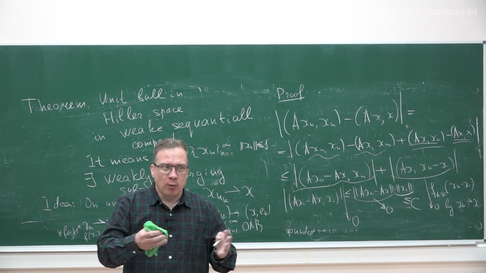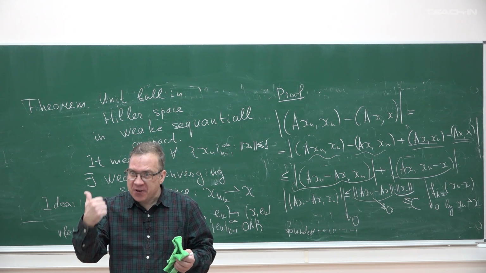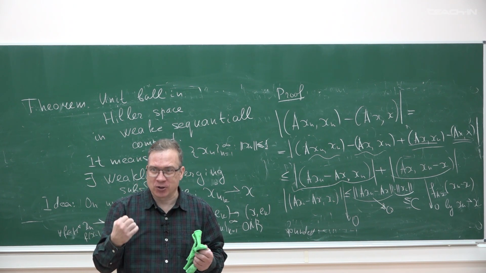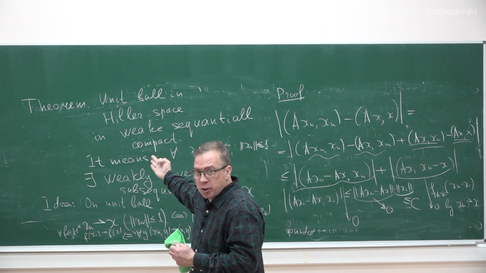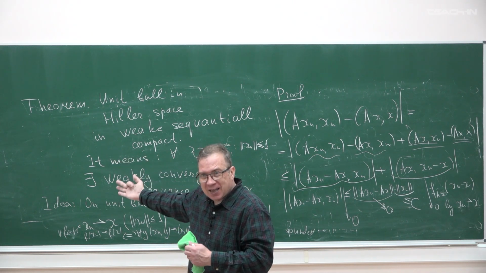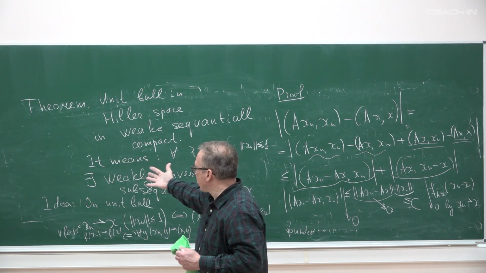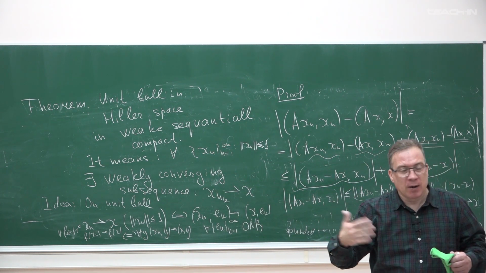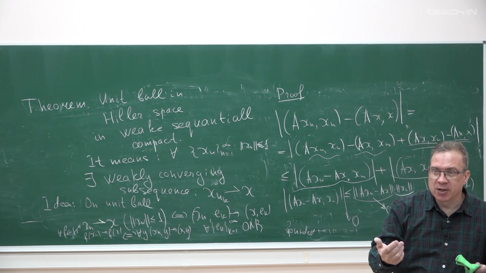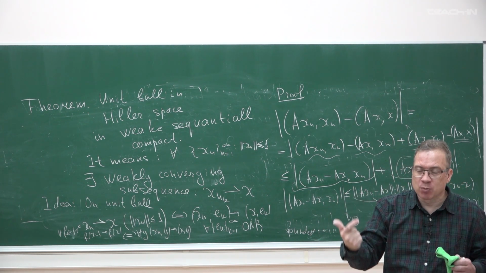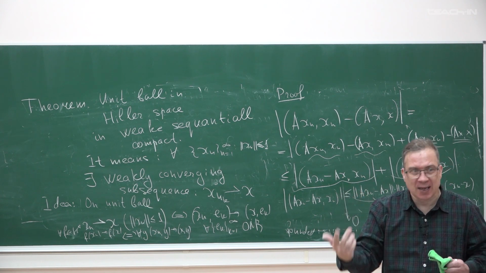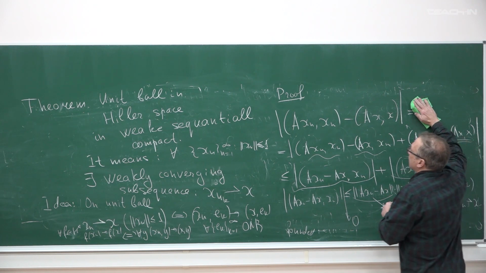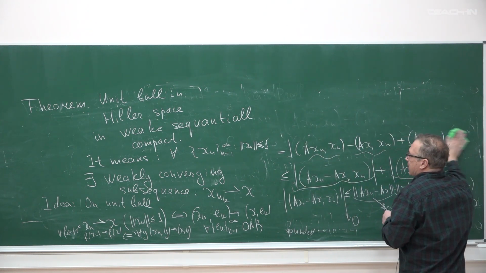And we proved in lemma 3 that the quadratic form of a compact operator is a weakly continuous function. And the unit ball is a weakly compact set in the sequential sense. And we have a full analogy. Weakly continuous functions attain maximum and minimum on weakly compact sets. We can prove it. It's not difficult. I think this is an interesting fact.